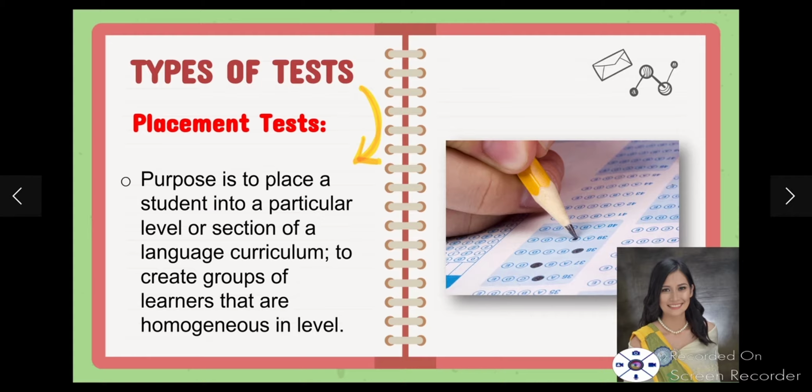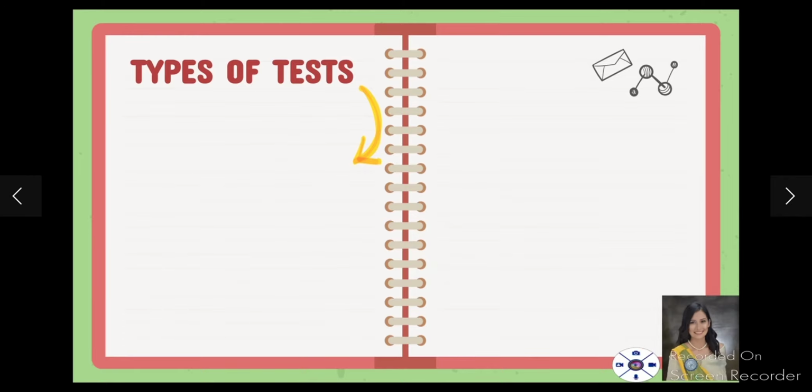First one is the written and oral performance. Next is the open-ended and limited response. And the last one is multiple choice and gap filling. So, our next test is the language aptitude test.